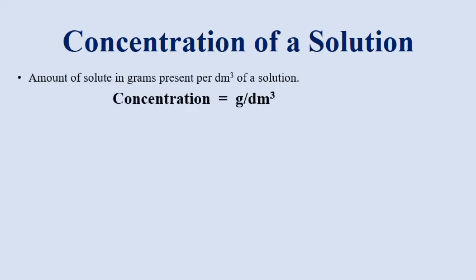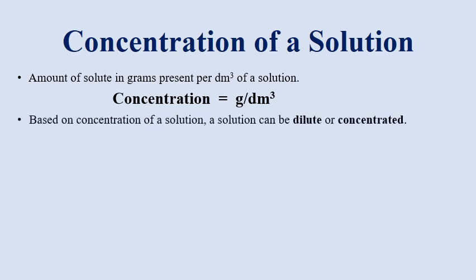The first concept you need to learn is the concentration of a solution, which is defined as the amount of solute in grams present per dm cube of a solution, and its unit is written as gram per dm cube. Based on concentration, a solution can be termed a dilute solution or a concentrated solution.